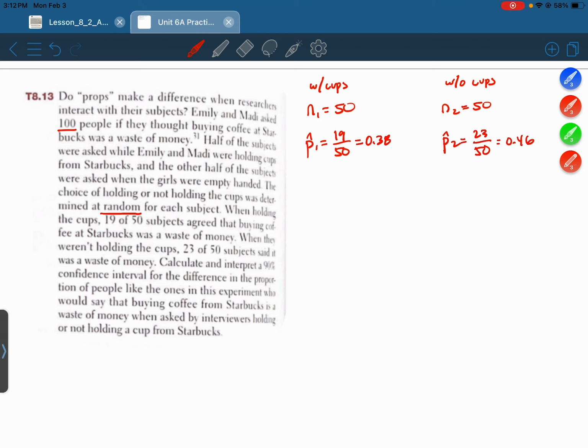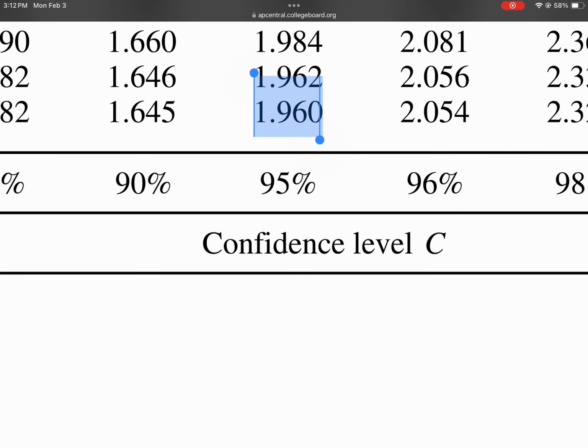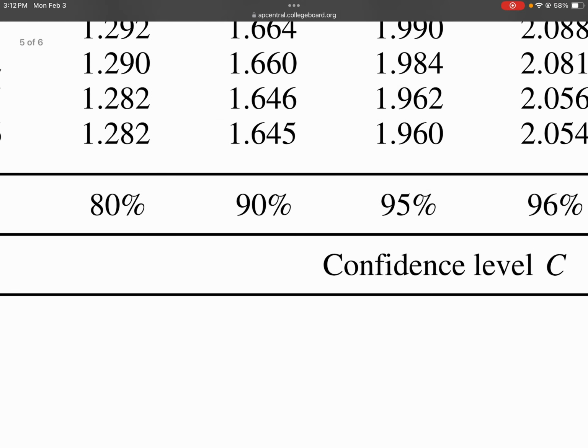Okay. All right, calculate and interpret a 90% confidence interval for the difference in the proportion of people, like the ones in this experiment, who would say that buying coffee from Starbucks is a waste of money when asked by interviewers holding or not holding a cup from Starbucks. All right, so for 90% confidence, the critical value that we're going to be using is 1.645.